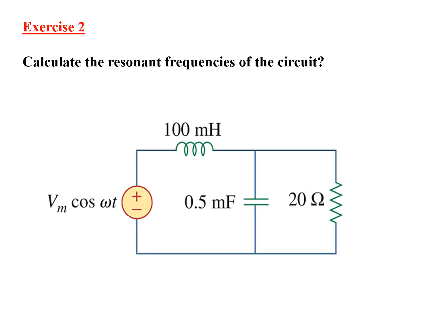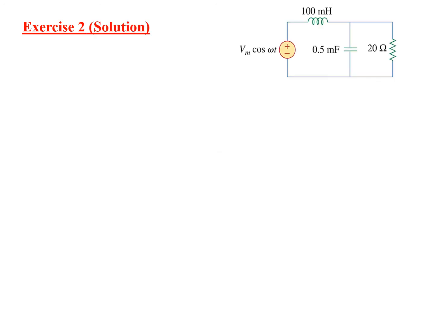Next exercise is to calculate also the resonant frequency of the circuit. Now it has an inductor, capacitor and resistor, where the capacitor and resistor are parallel to each other. For this, we'll have to solve for the impedance first. The capacitor and the resistor must be paralleled and added with the inductance.